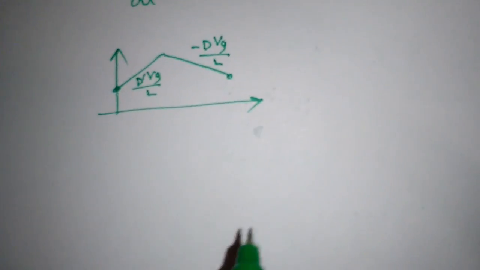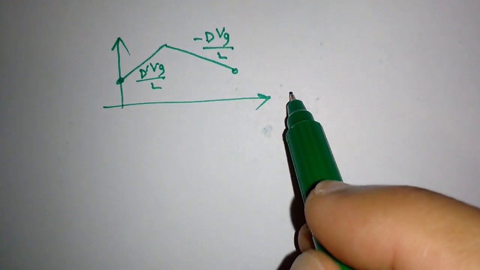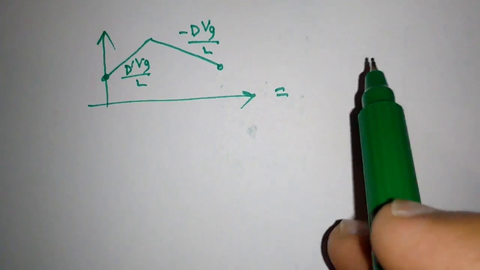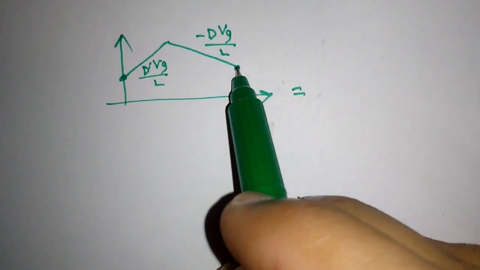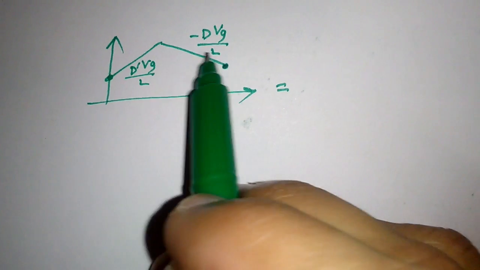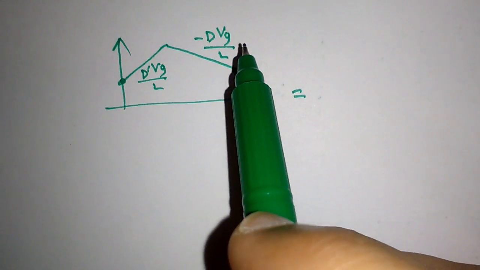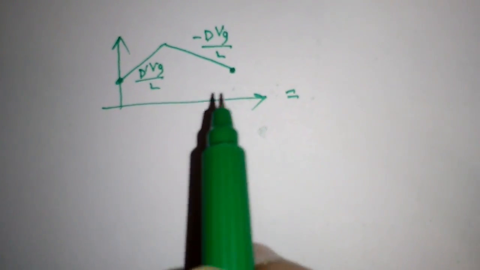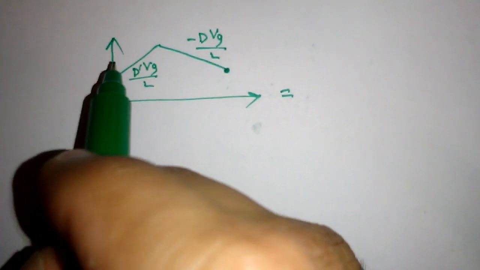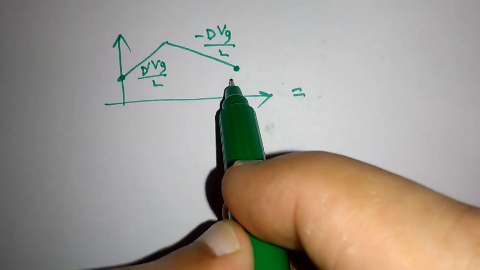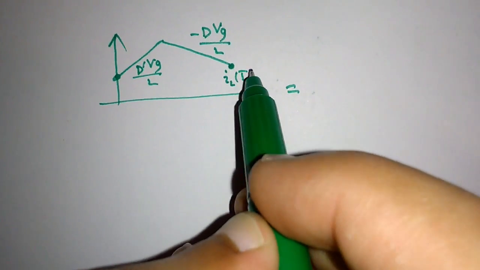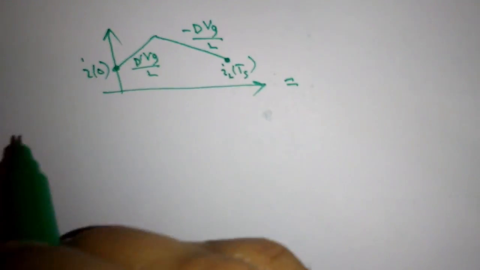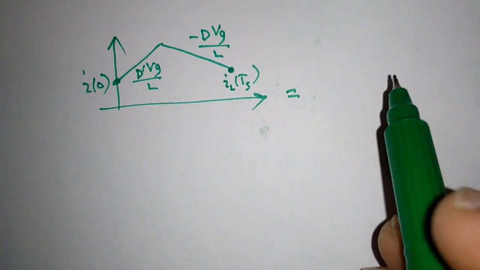So from this diagram we can see that the net change in inductor current rise and fall is equal to 0. So this thing is actually volt second balance. Let's say at this point the inductor current is at Ts, and this point is inductor current at 0.